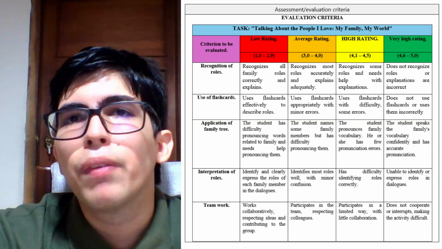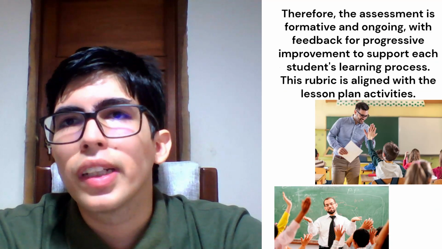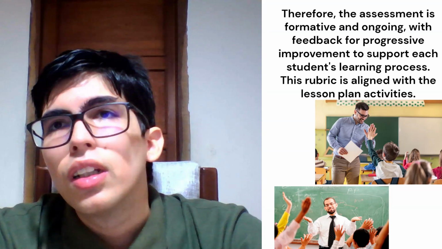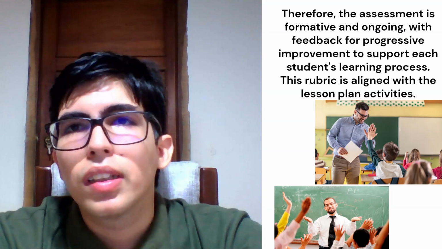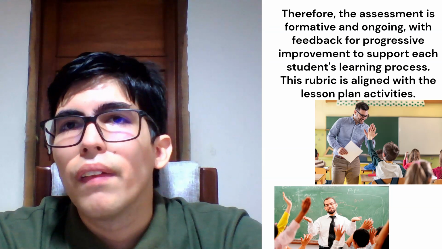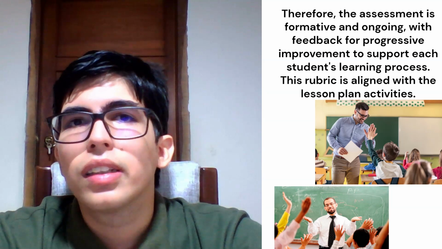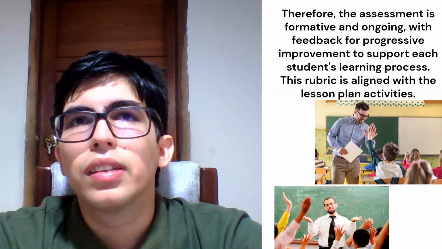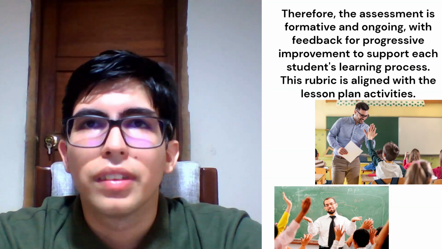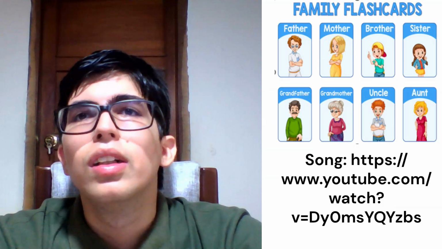However, this final activity will be the primary summative assessment for monitoring individual progress. Therefore, the assessment is formative and ongoing, with feedback for progressive improvement to support each student's learning process. This rubric is aligned with the lesson plan activities.